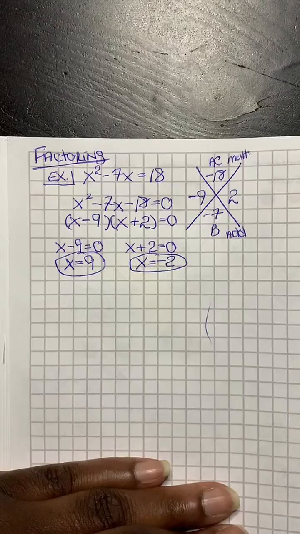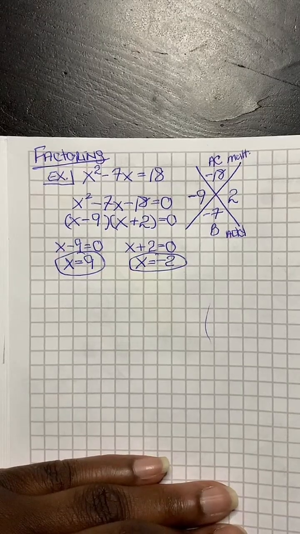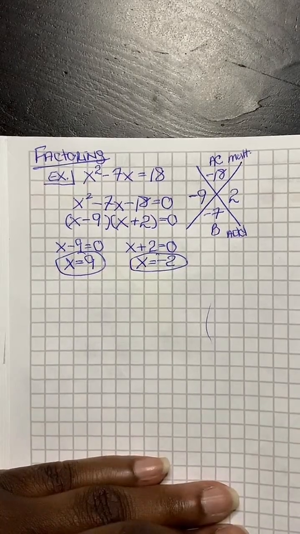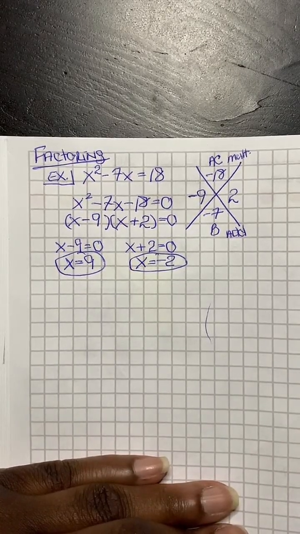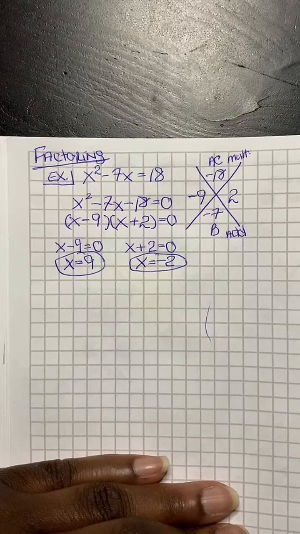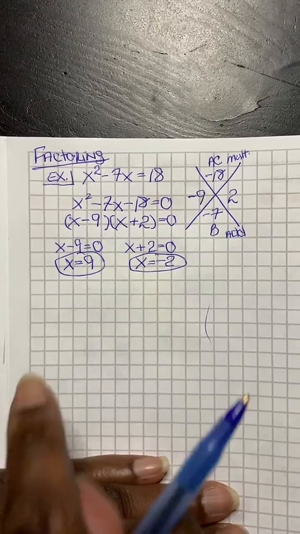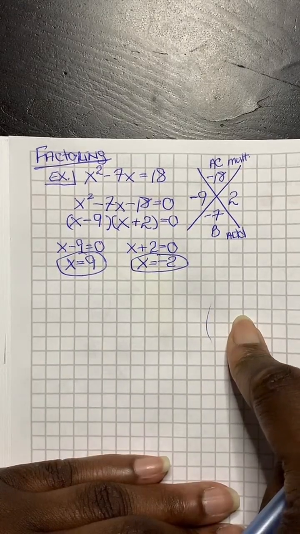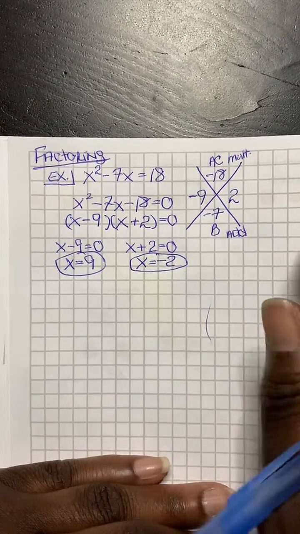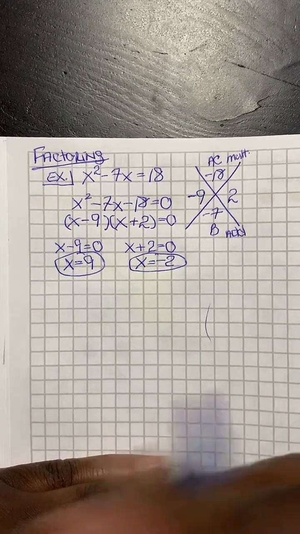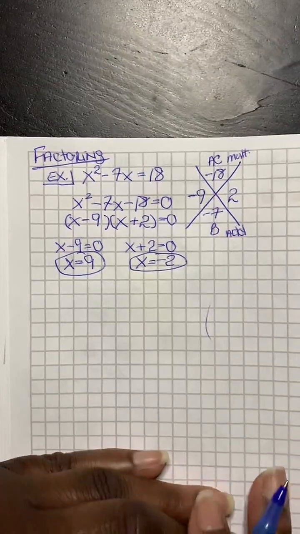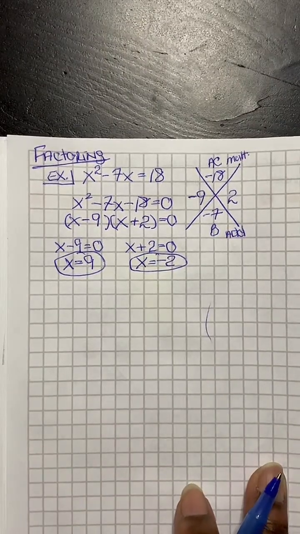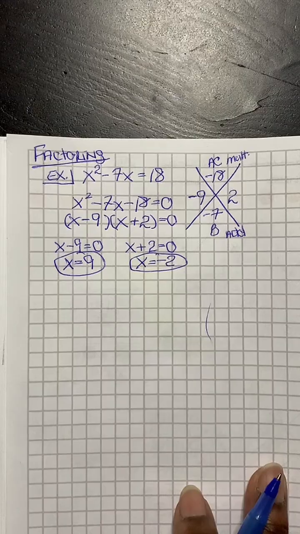If you want to do the quadratic formula, do it. If you want to do it by factoring, do it. But as long as you understand what factoring looks like, or what grouping looks like, because sometimes the formula will be already set up as a grouping problem, and all you have to do is just do the next step. And then boom, you're done. So sometimes you really just gotta stop and take a look at what's happening.